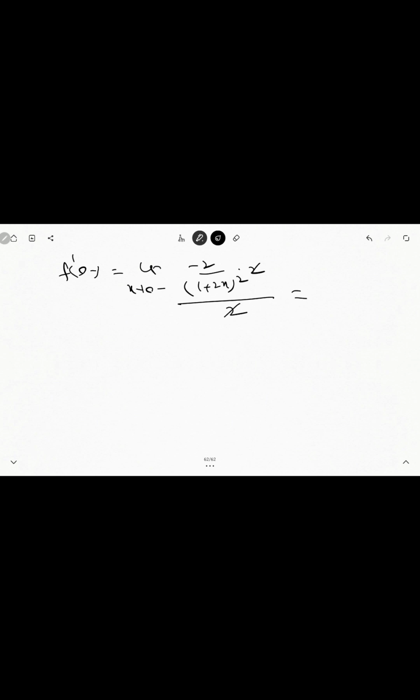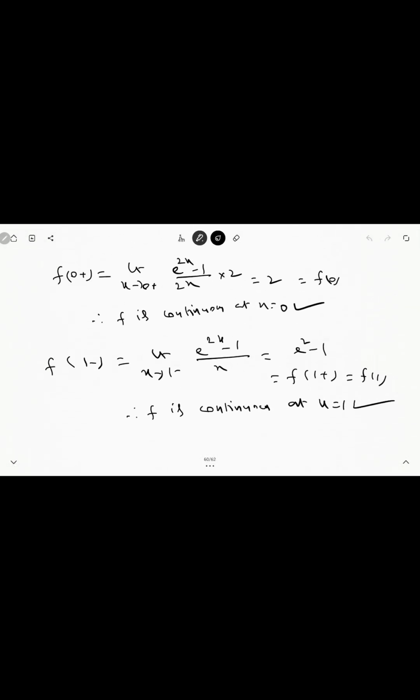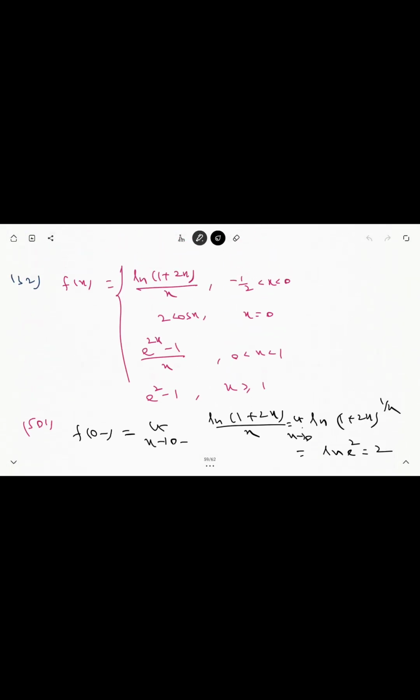So apply the limit here, we are getting minus 2 by 1. So minus 2 we are getting for f dash 0 minus. What about this one? What is the derivative? Minus 2 sin x. Exactly at 0, f dash x is minus 2 sin x, substitute 0, we are getting 0.